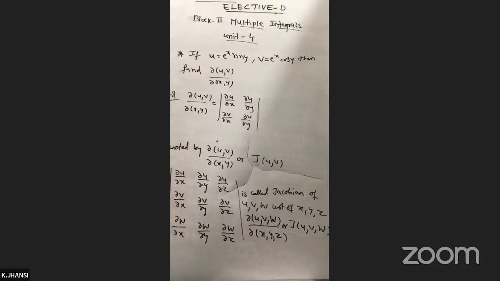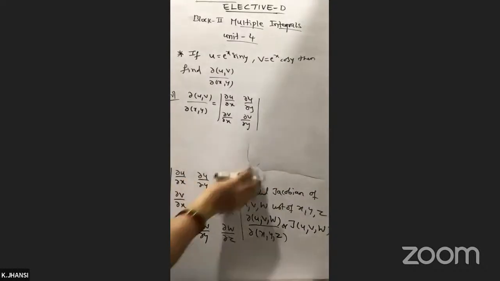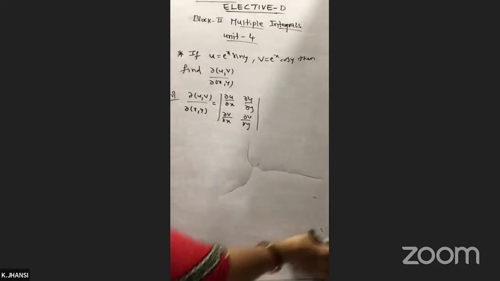Now substitute the values here. So it is equal to dou u by dou x. So what is the u value here?